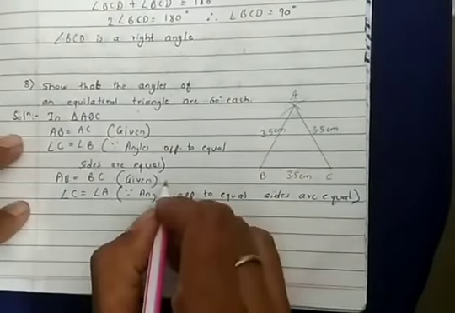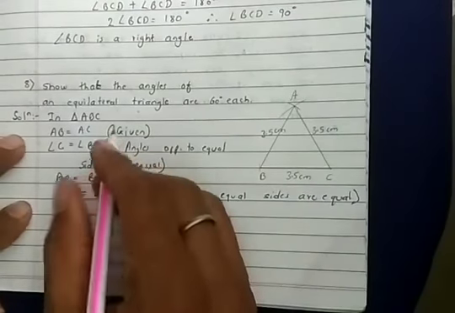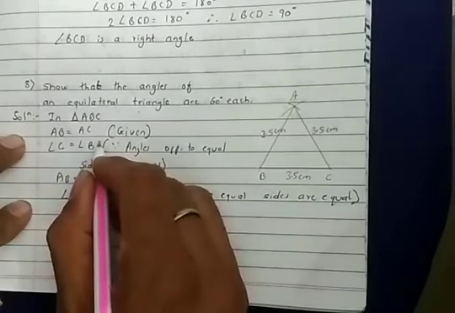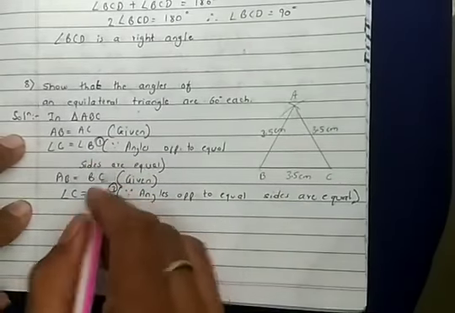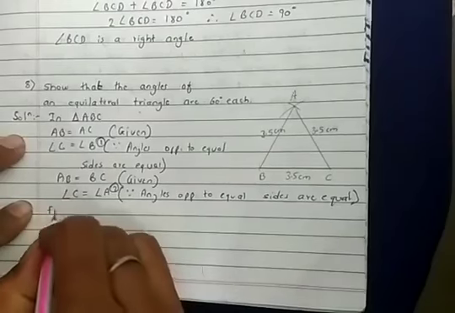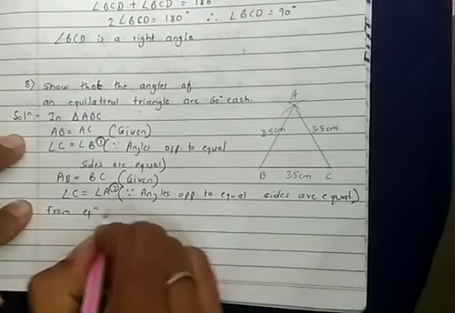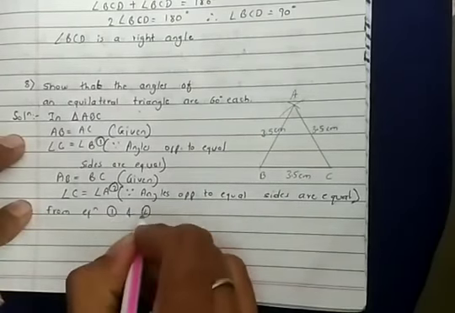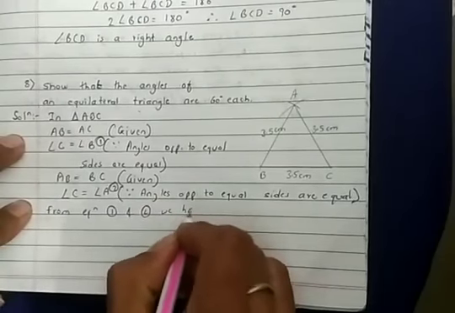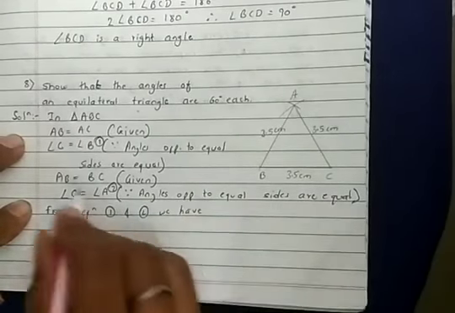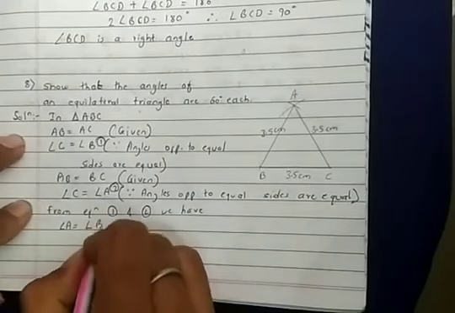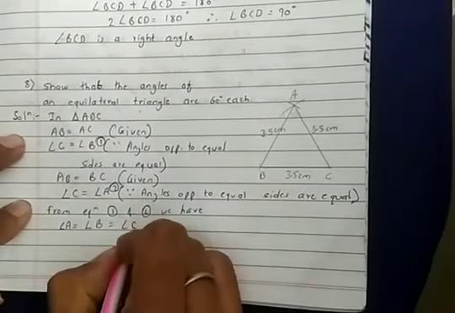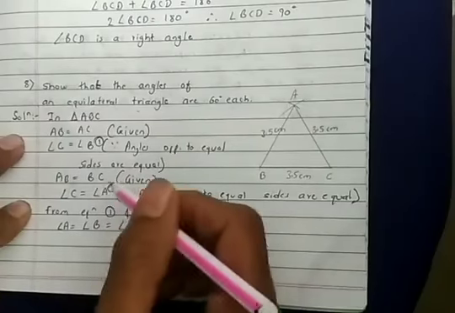Now first of all, you name this as equation 1 and this as equation 2. Now from equation 1 and 2, we have angle A equal to angle B equal to angle C, right?